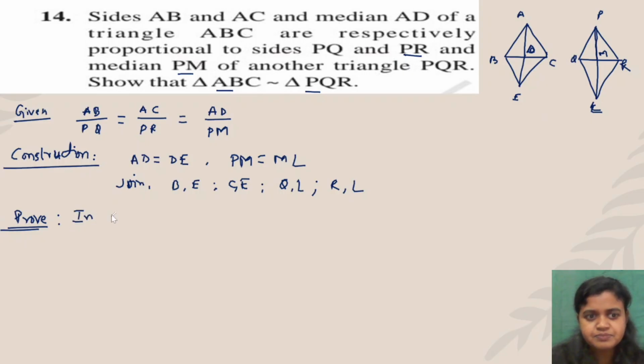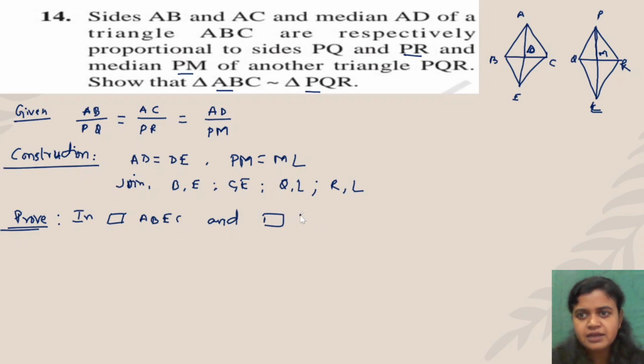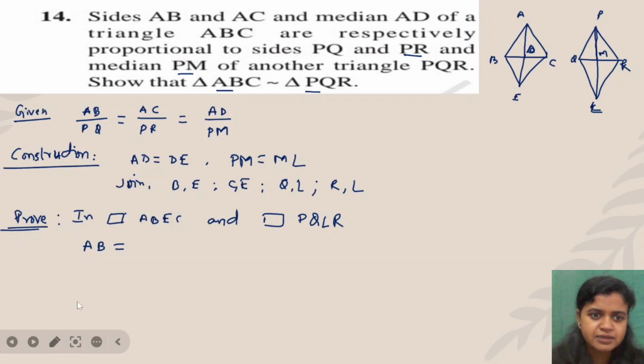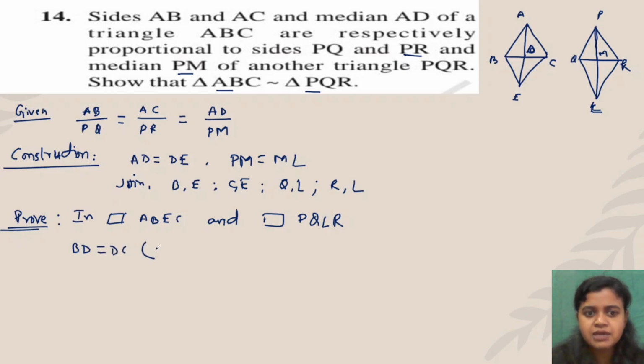So in quadrilateral ABEC and quadrilateral PQLR, since D is the median, we can say BD equals DC.